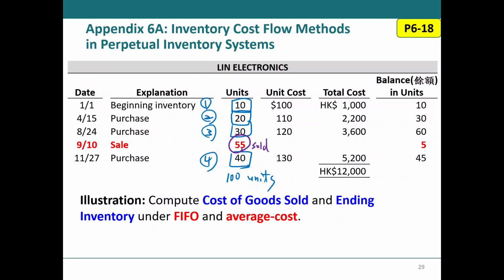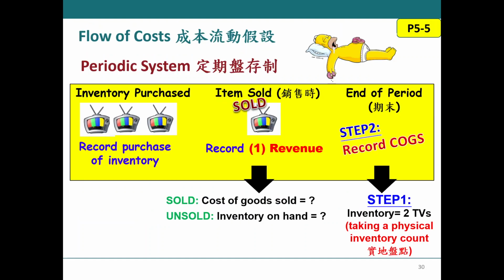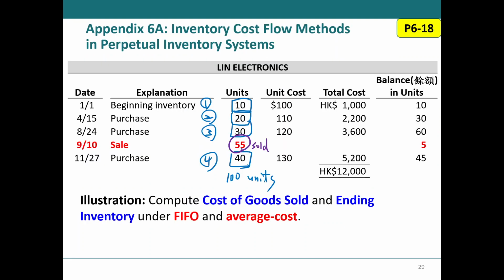Based on FIFO, first in, first out, we sold inventory from first purchase, second purchase, third purchase, so on, right? So based on this, you will sell the inventory from first purchase 10, second purchase 20, so on. Okay? So that's the concept right here.